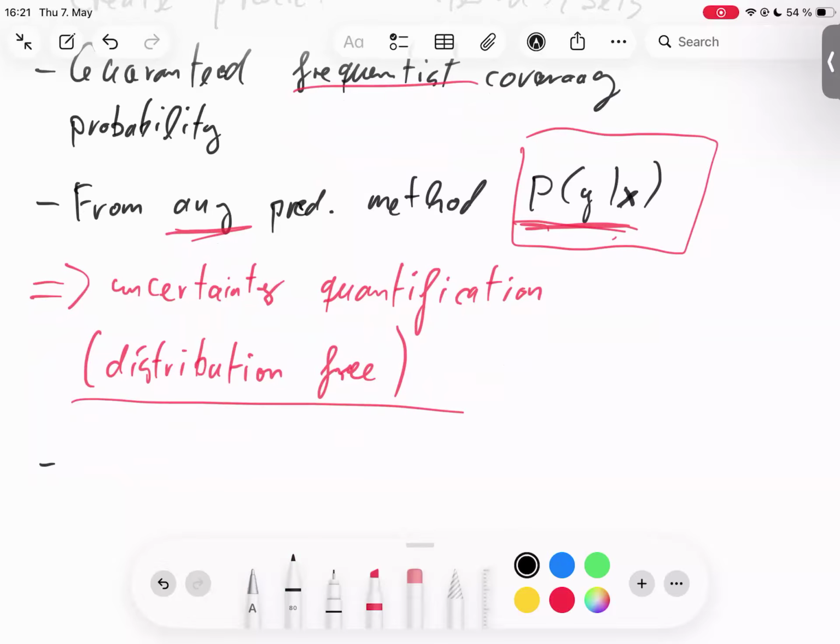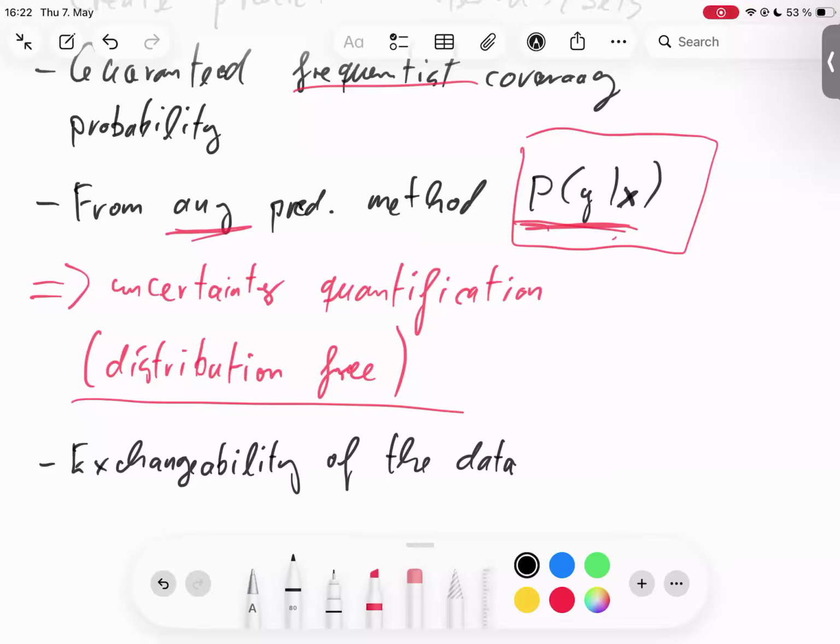The only thing required by conformal prediction is the so-called exchangeability of data. And exchangeability means if we have our data set, we could just change the order of the examples.